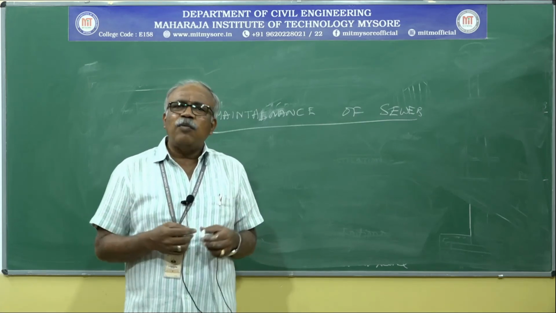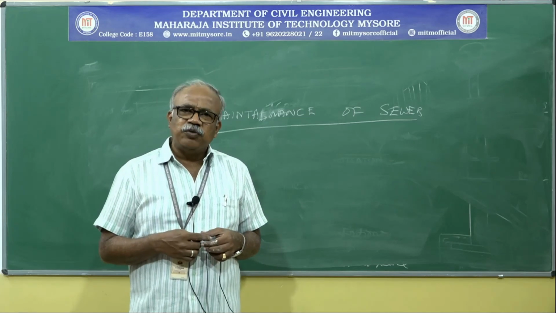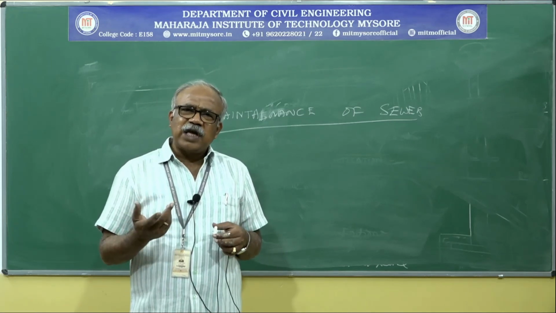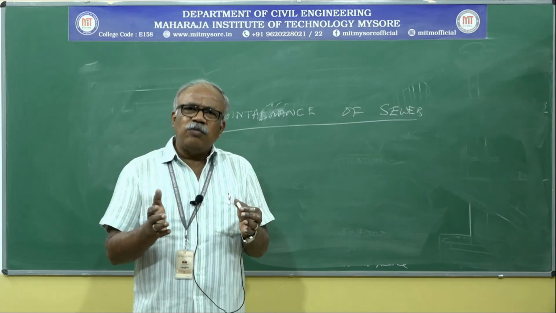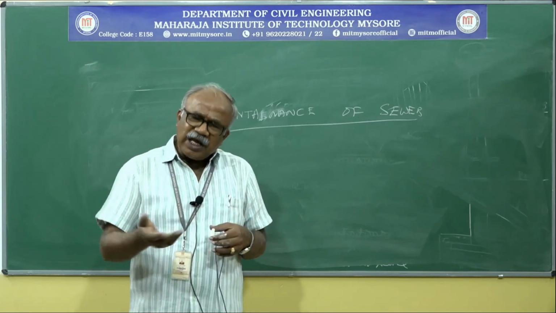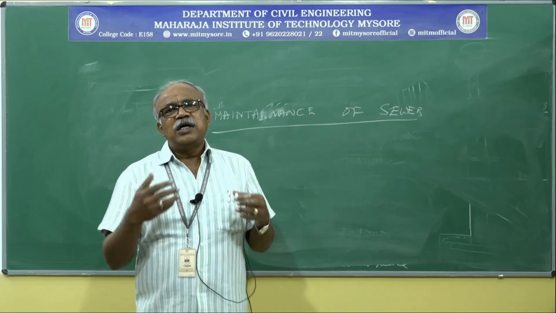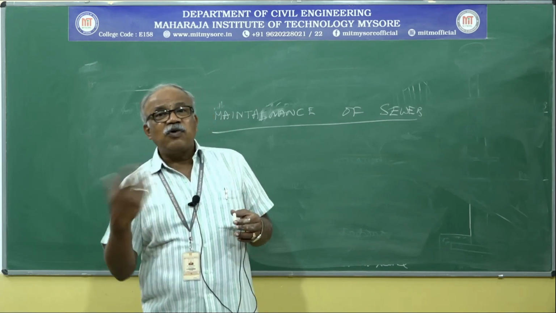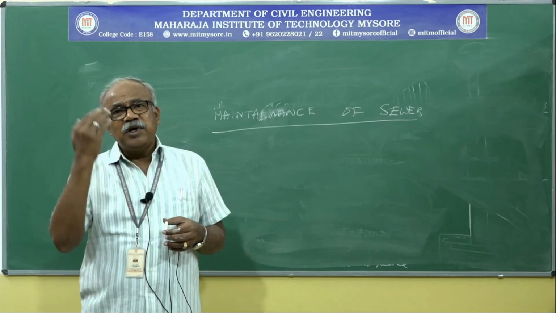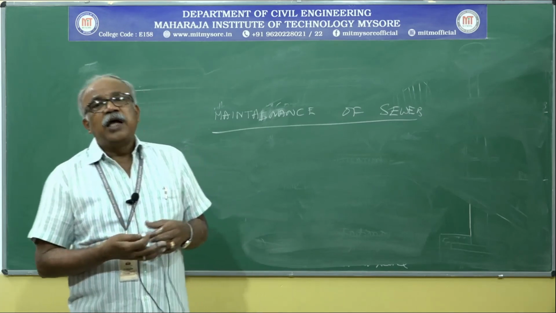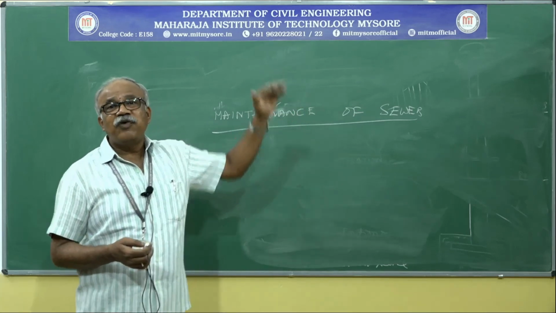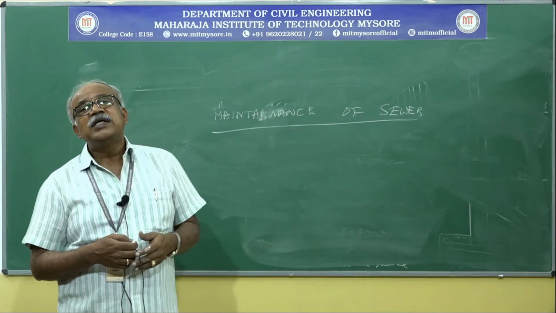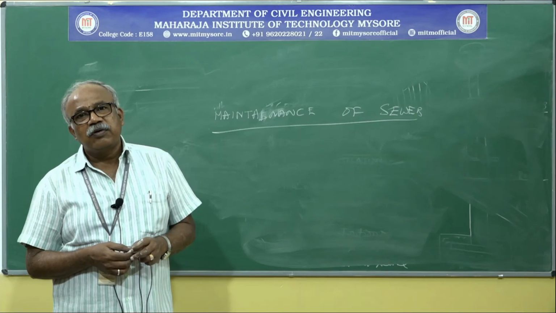Whatever amount of water I consume, about 80% of that amount of wastewater will be generated by individual persons. Hence, automatically there will be fluctuation or variations in the flow in a sewer or conduit.